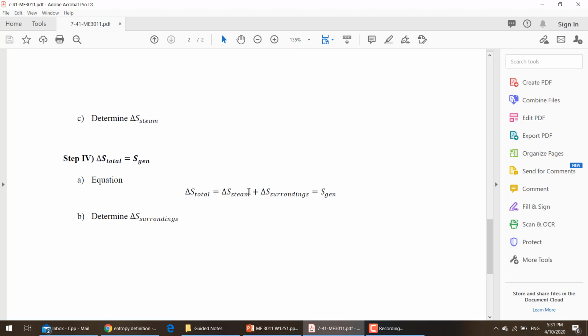What you need to do is find the delta S for the surroundings. Please spend 2 minutes, pause this video, calculate the delta S for the surroundings, and then substitute into this equation to calculate the S generation. Keep in mind that the S generation must be equal to or higher than 0. Pause this video and then calculate the total delta S.